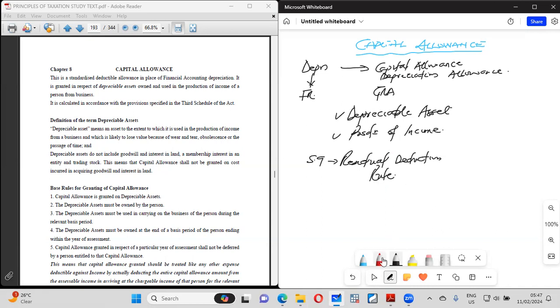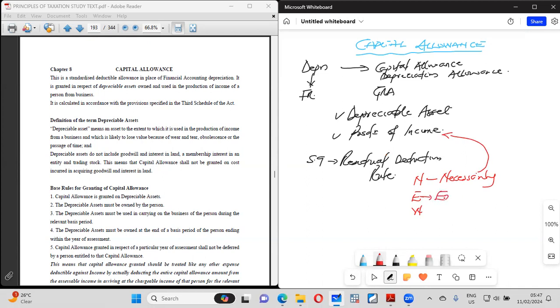All right, that is the acronym I've given for it, NEW. The thing has to be what? Necessary, which means that without it, you cannot produce an income. So it must be necessary in terms of generating income.